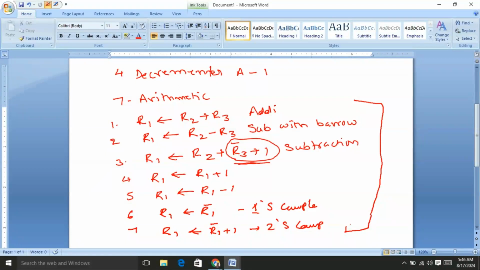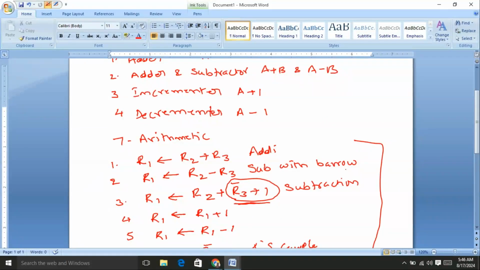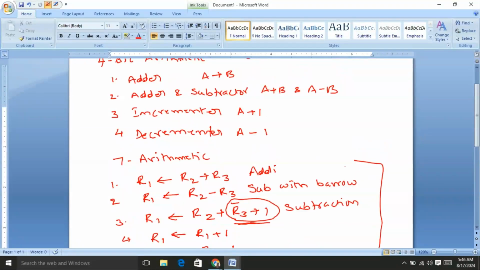We already discussed this in one video, but for remembering purposes, these are the 7 arithmetic operations, and we already designed circuits to perform them in our previous videos: adder, subtractor, incrementer and decrementer.